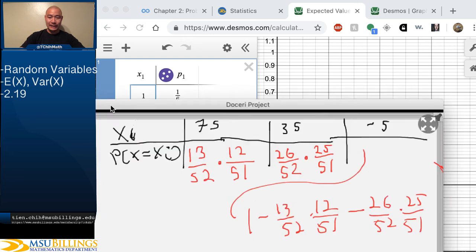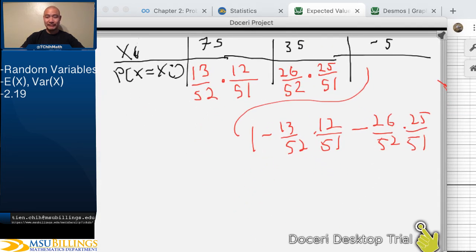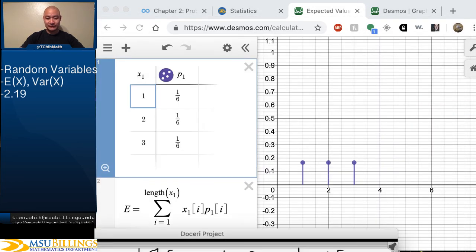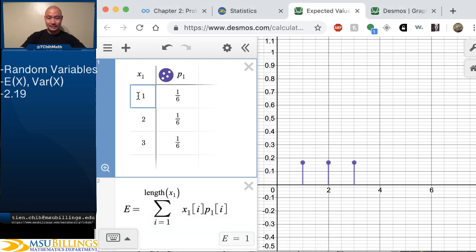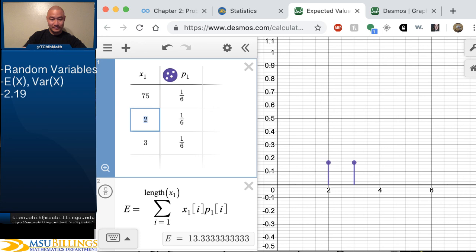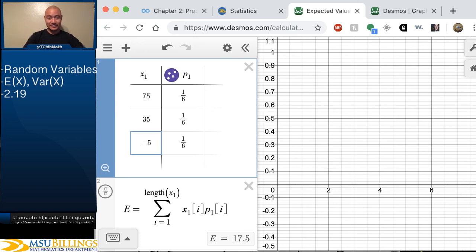So our 3 possible outcomes were 75, 35, and negative 5, right? Because this is winning $80, but I had to pay 5. Winning $40, I had to pay 5. Winning nothing, and I had to pay 5.